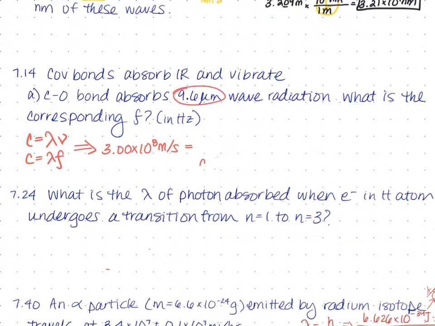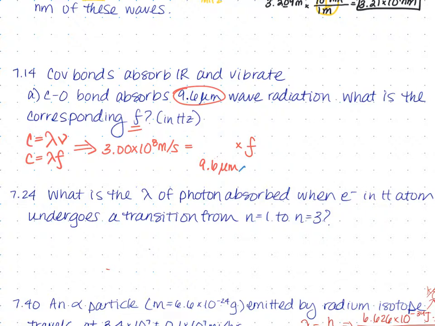I'm going to put it down here because it is not in the same units as I have in my speed of light, so I need to convert them. So I have 9.6 micrometers. That's going to be my lambda times frequency. And I don't know what frequency is, that's what I'm solving for.